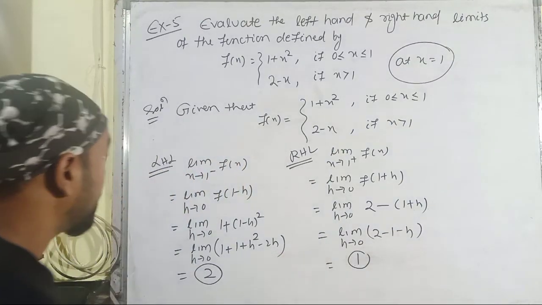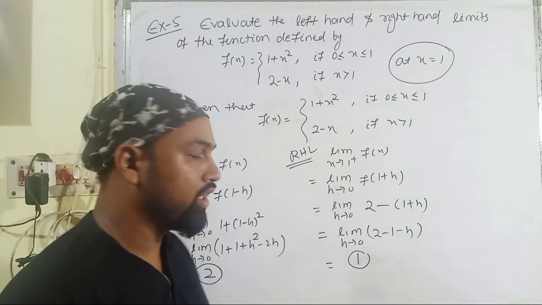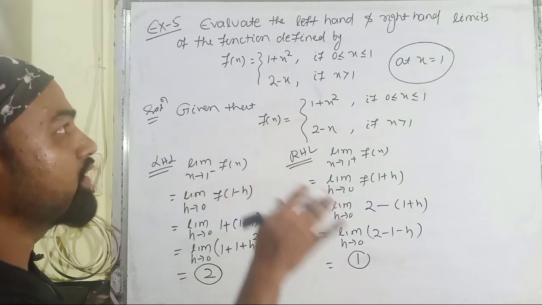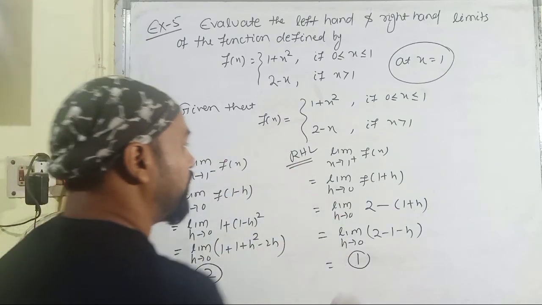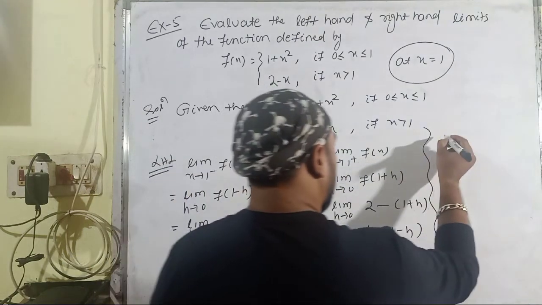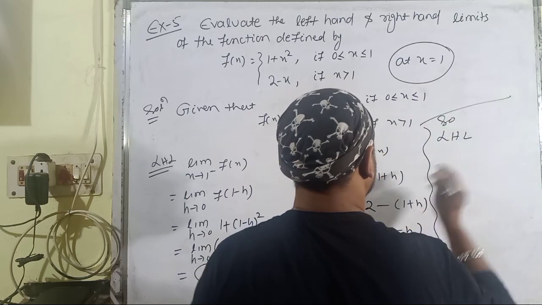And in this case you can see that the left hand limit is not equal to the right hand limit. So we arrived at a problem where the left hand limit is not equal to the right hand limit. So finally we can conclude this problem. This is the final solution.